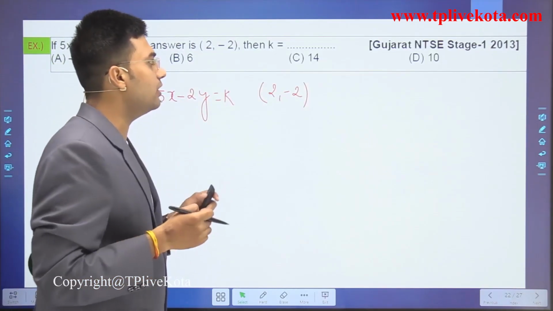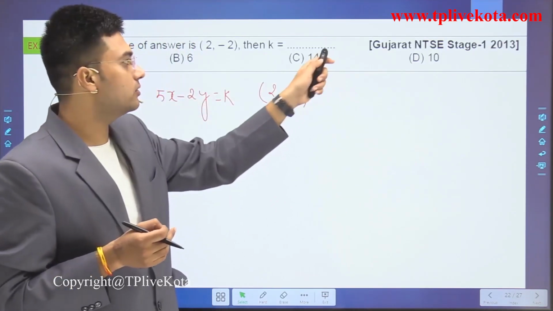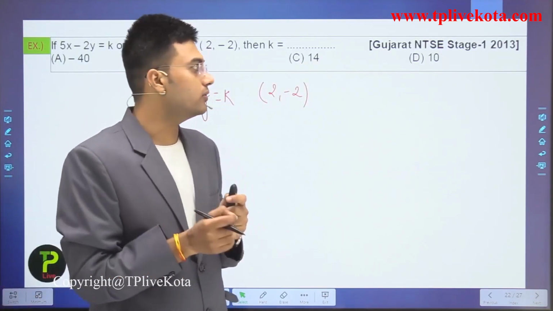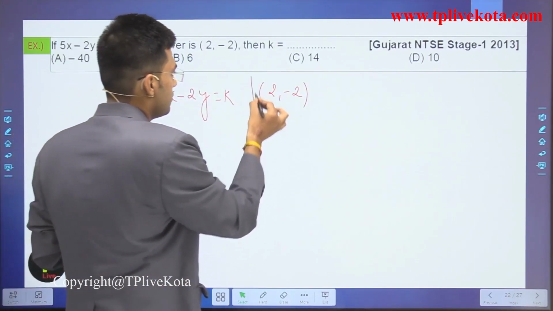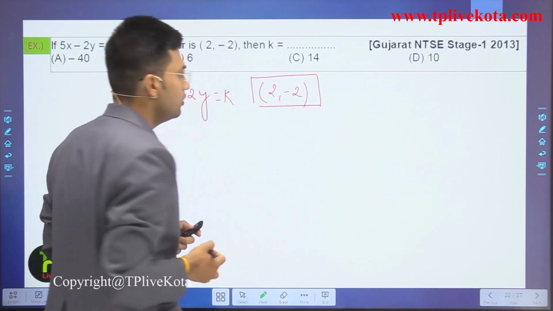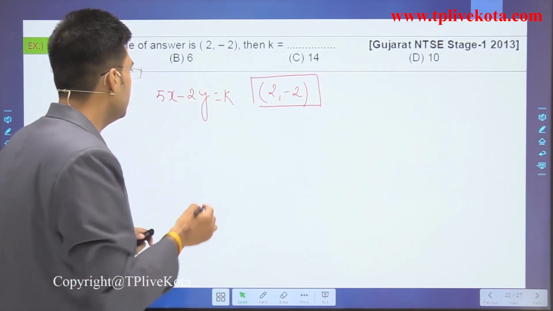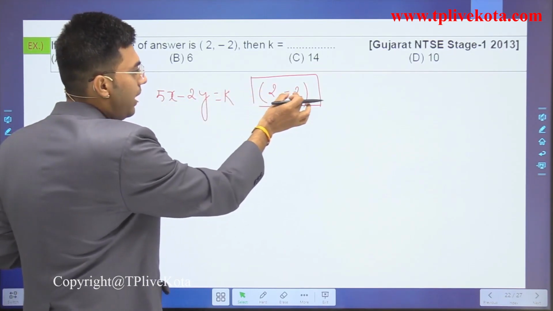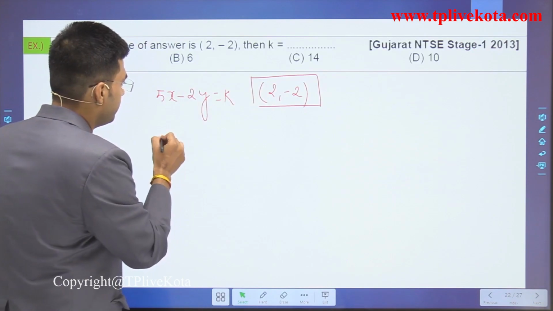Then find the value of k. Okay, and students, this question was asked in the Gujarat NTSC stage 1 2013. So now this is the solution of this equation. So this point should satisfy this equation. So when we put x is equal to 2 and y equal to minus 2, let's see what we get.